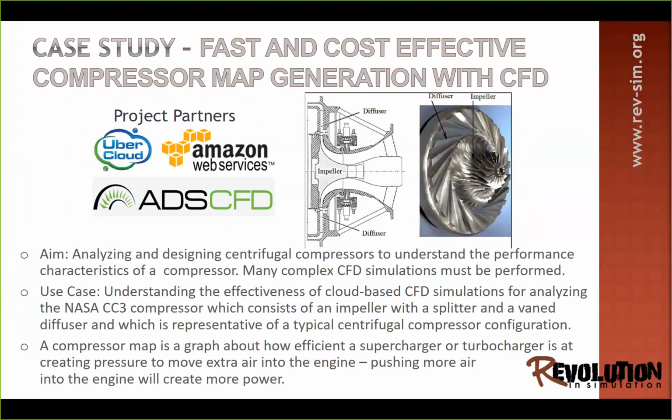A compressor map is a graph which we want to generate here, showing how efficient a supercharger or a turbocharger is at creating pressure to move extra air into the engine. The rule is simple: pushing more air into the engine will create more power, so to speak.